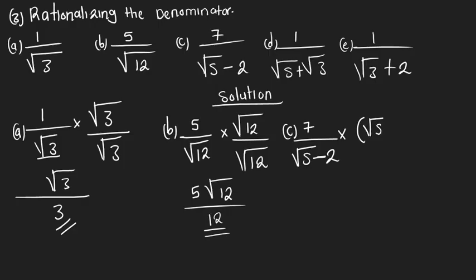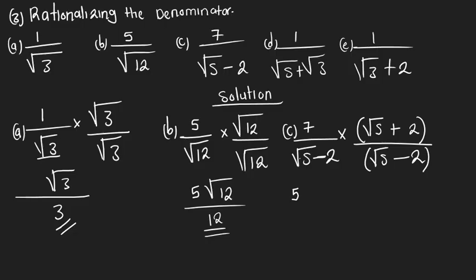Square root of 5, because there was a minus there, I'll say plus 2 over square root of 5 minus 2. Square root of 5 multiplied by square root of 5 gives me 5.